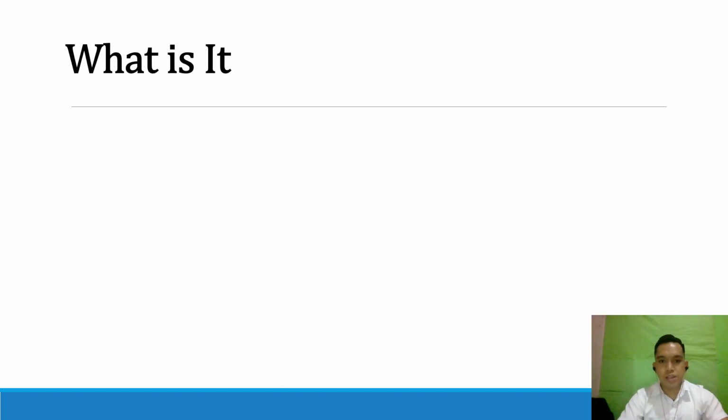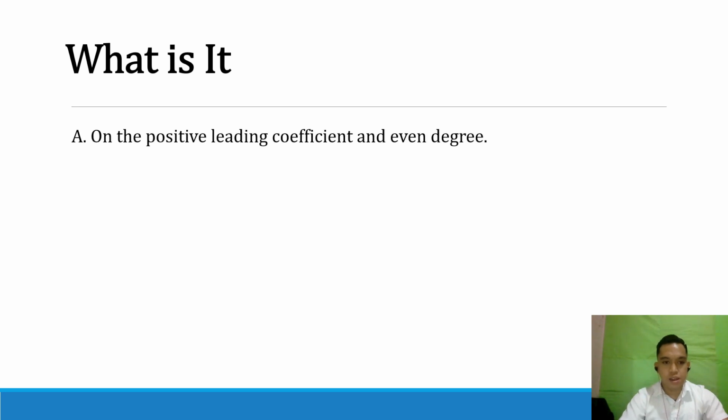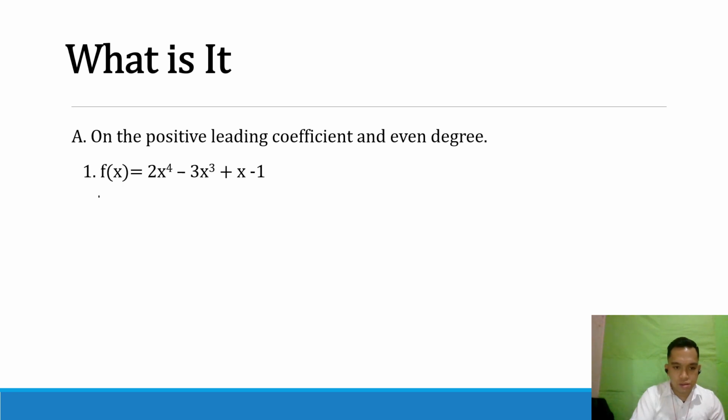Okay, so here are the examples of the 4 cases of the leading coefficient test. Okay, so letter A on the positive leading coefficient and even degree. So we have f of x equals 2x raised to 4 minus 3x cubed plus x minus 1. So right here, class, the leading term, so abbreviate na lang natin sa LT, leading term, is 2x raised to 4.